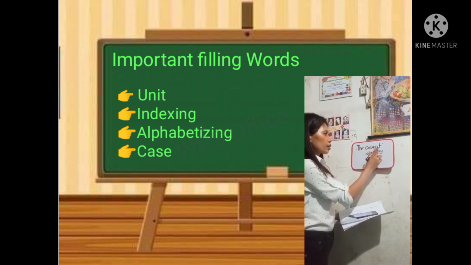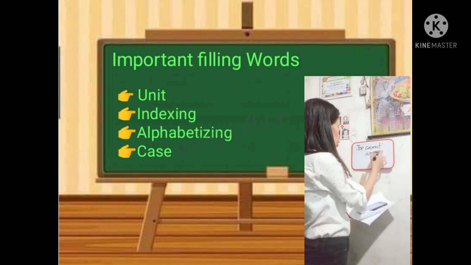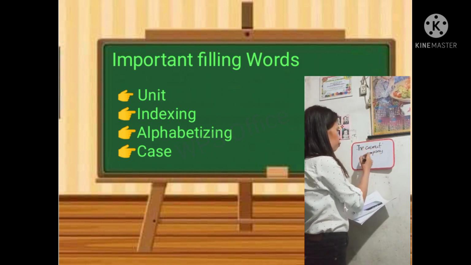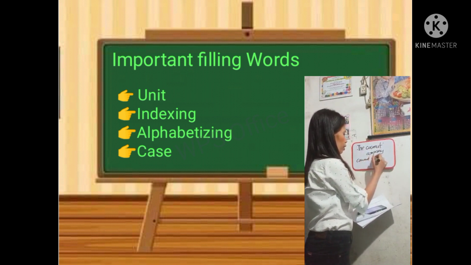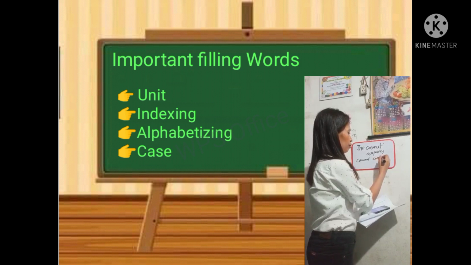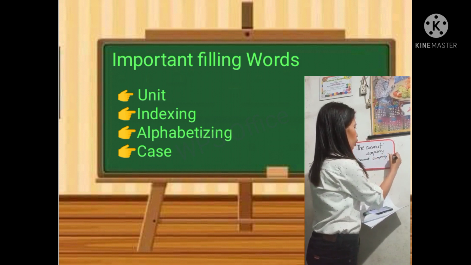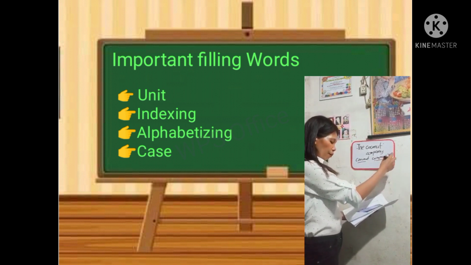We index this by putting first the word Coconut, then the next is Company, and the last is the word The. So: Coconut Company, The.